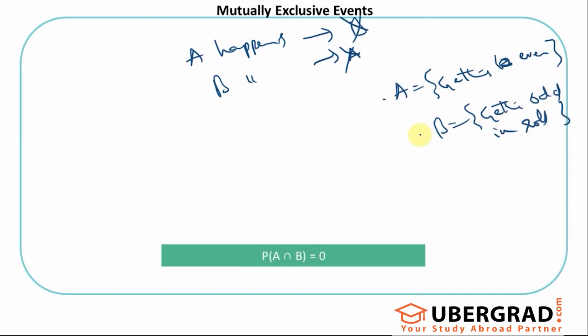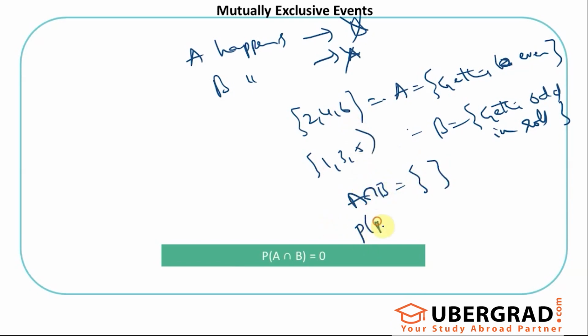If A happens, B cannot happen. Getting an even number is getting 2, 4 and 6. Getting an odd number is getting 1, 3 and 5. A intersection B is nothing, it's an empty set. So P of A intersection B is bound to be 0. I cannot see a case where both these events can happen simultaneously. Those are called mutually exclusive events. That's why P of A intersection B is 0 for them.